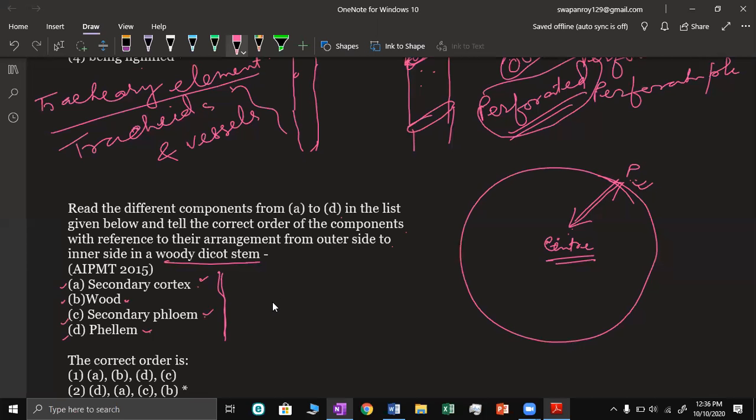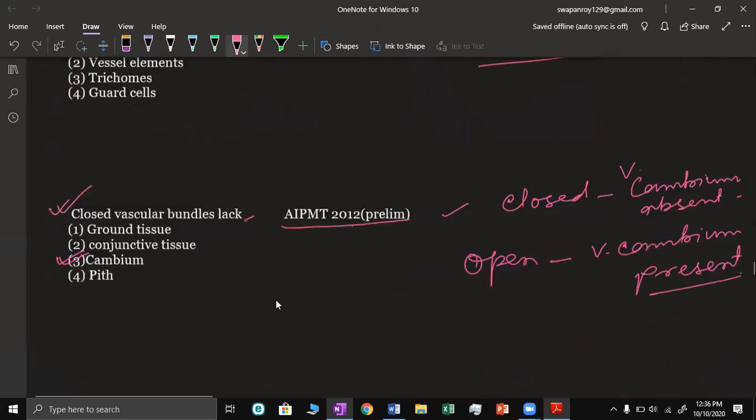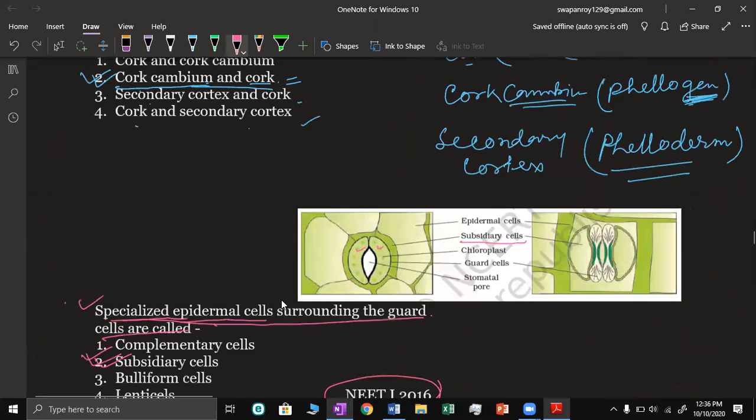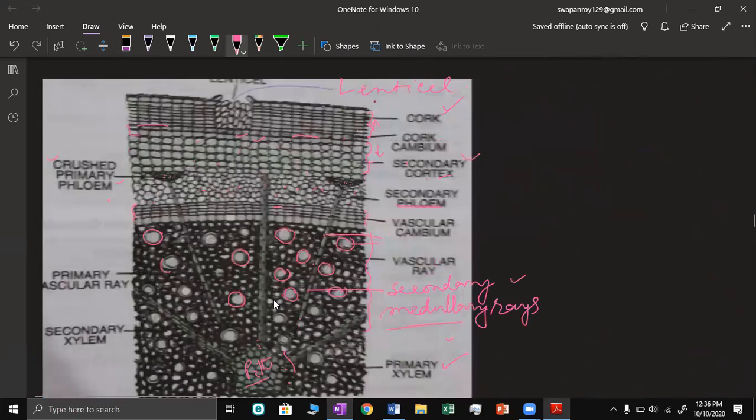See here, let us see this diagram again. This is the secondary growth in a stem, showing from the periphery to the center. If we move, what is there? First, it is coming cork. Cork means it is phellem, is it?